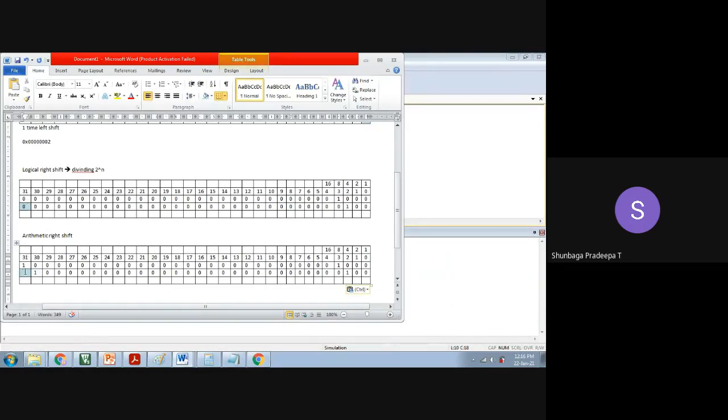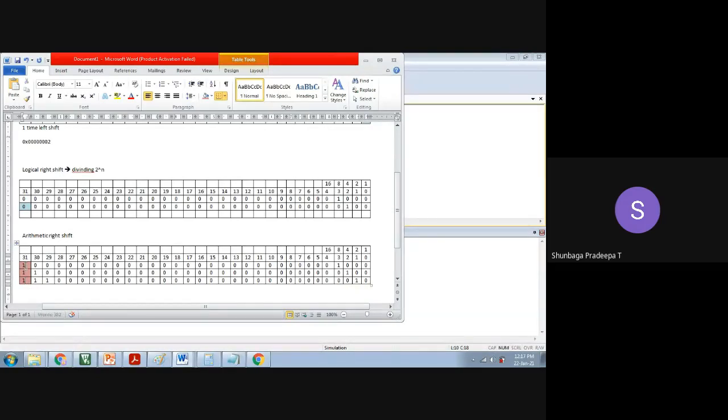Here what we will be doing is maintaining the MSB bit as it is. So if the MSB bit is 1, you will retain it as 1 only. Next time if you are shifting, the entire bit will be shifted right by 1 time, and again you will be maintaining the MSB position as it is.